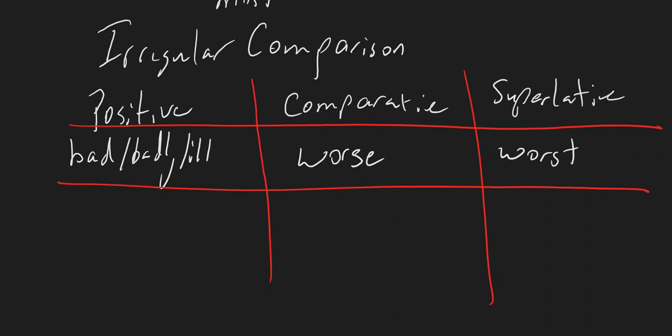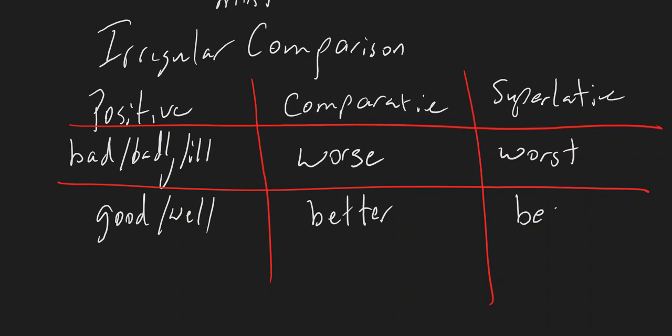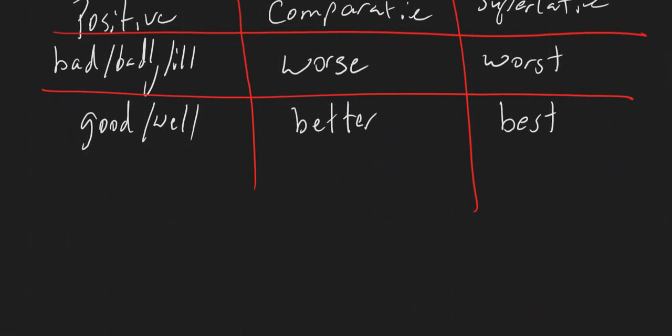Same thing applies to the word good or well as the adverb. The comparative is better and the superlative is best. There's no such word as gooder nor goodest in the English language. Similarly, you have the word little.